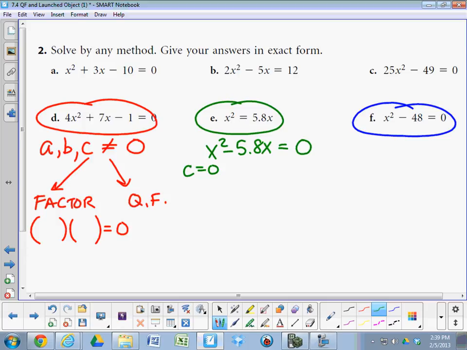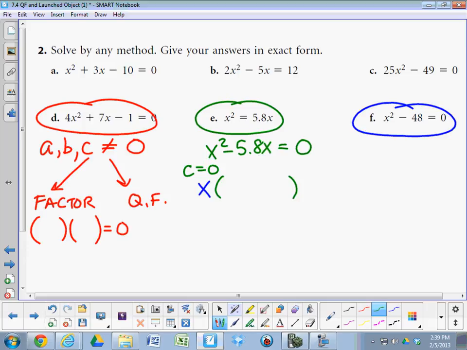It's not necessary. Instead, notice that we have 2 terms here, both with an x in them. Since those are the only 2 terms and they both have an x, factor it out. You're going to take that x and put it out in front of a set of parentheses.